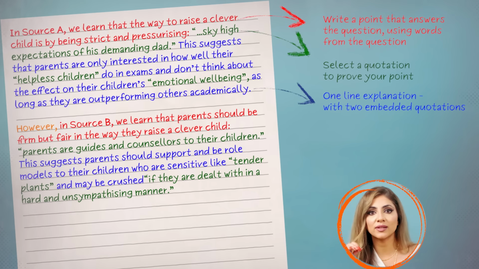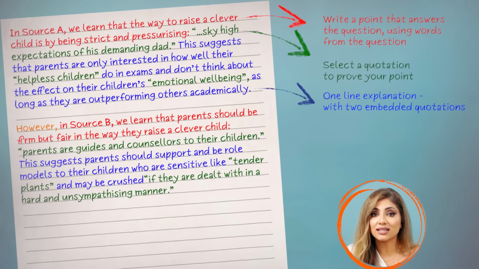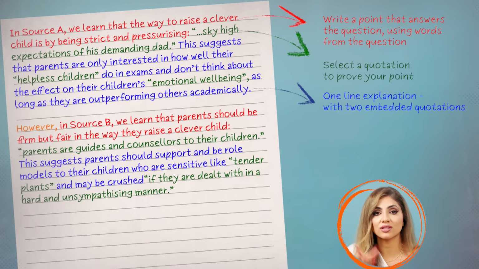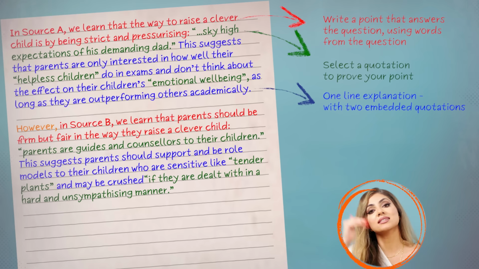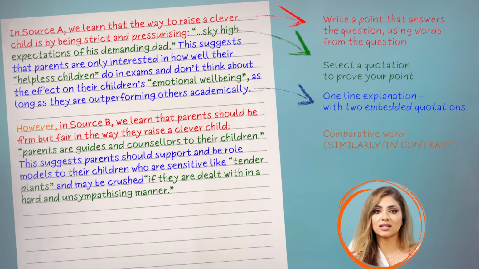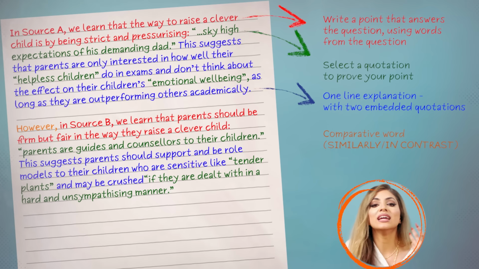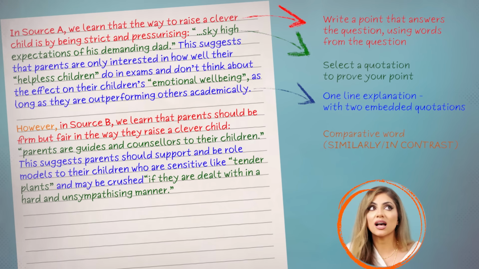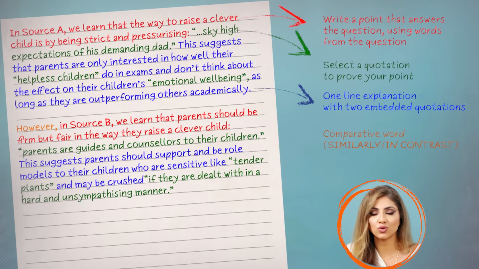But in that explanation, I did something really clever. I embedded 2 more quotations in there. Then my second paragraph starts with a comparing word like similarly or in contrast, because I am comparing 2 sources in this question. And that's it. That's all of it. That's language paper 2, question 1 and question 2.